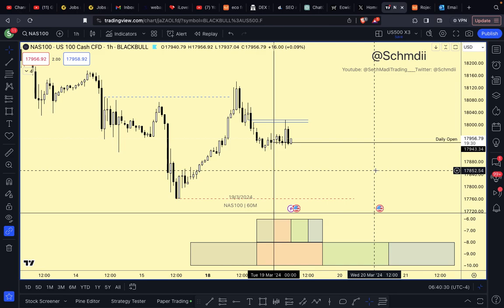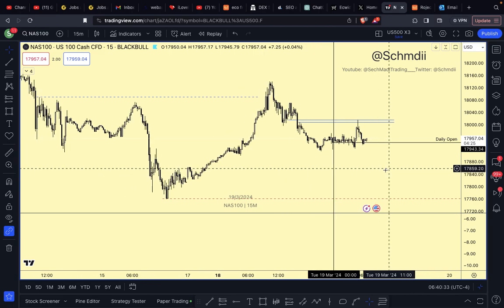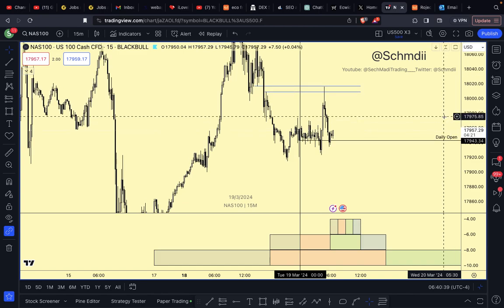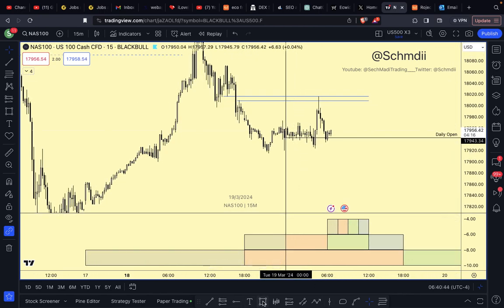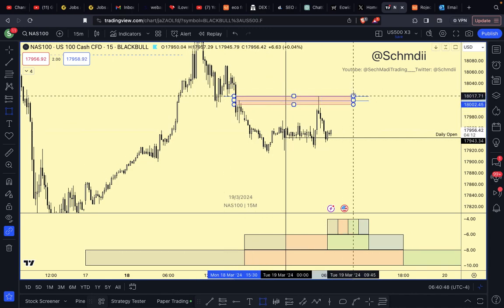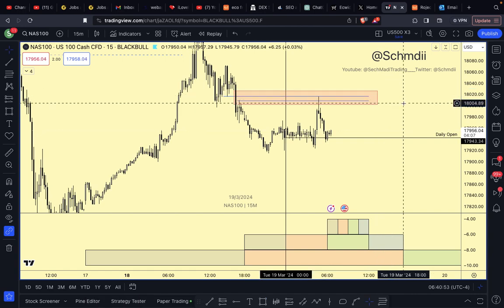Switching over to the M15. So I just marked out another fair value gap. That's the one in red. The lines in blue delineate the hourly fair value gap.